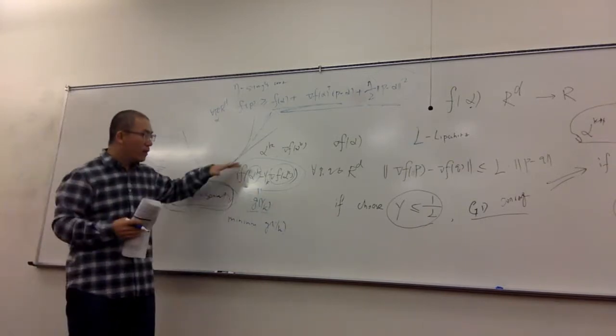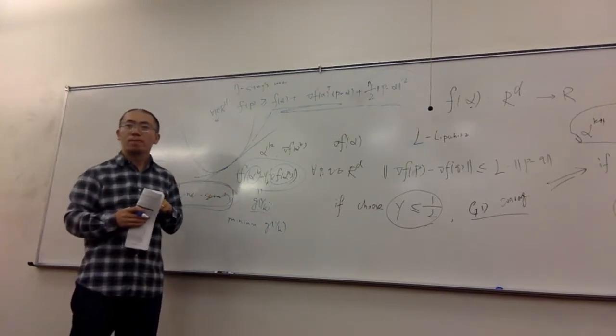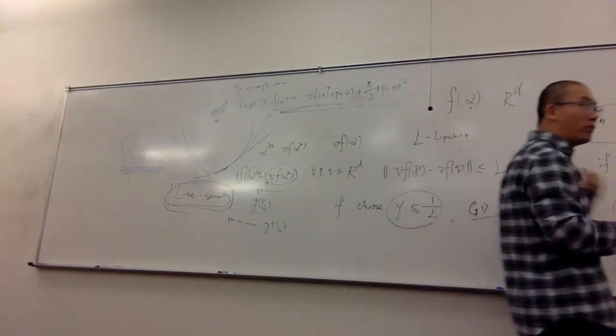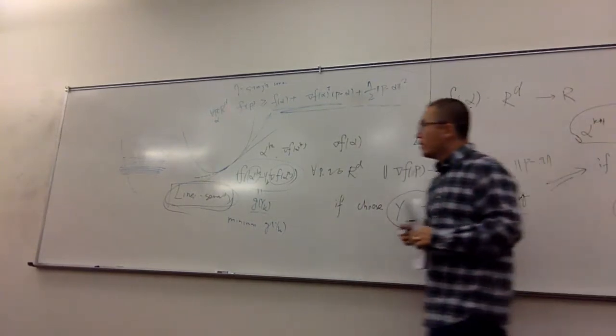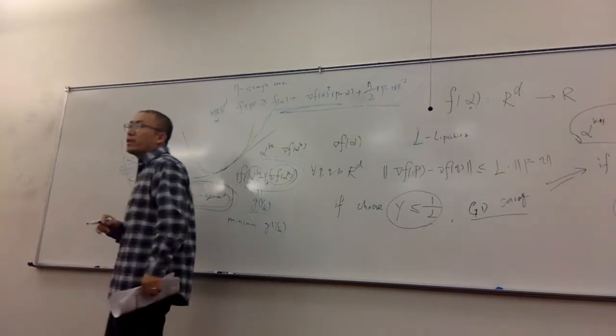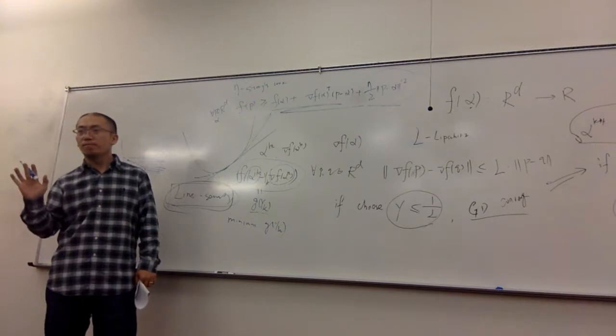We don't really minimize this function of gamma k. And by using this set of conditions, we can guarantee the gradient descent will finally end up at a local minimum in any situation.